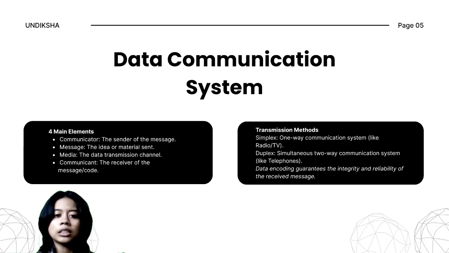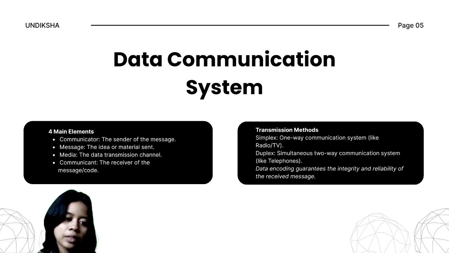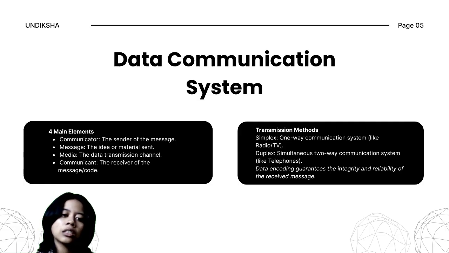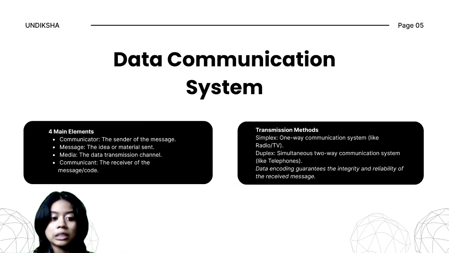The second one is the message, which comprises the digital content, instructional material, or data packets being moved. Third is the media, which forms the physical channels or electromagnetic spectrum pathways over which the data travels. Fourth is the communicant, which is the destination device designed to receive, unpack, and process the transmission.